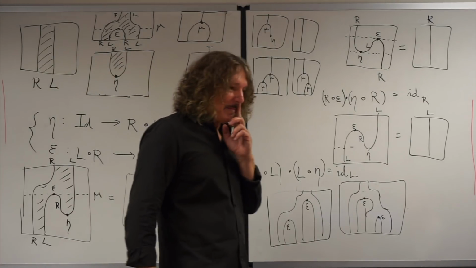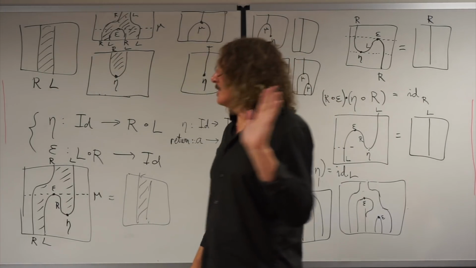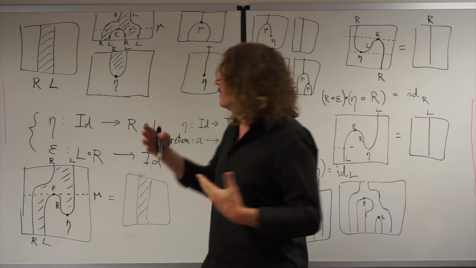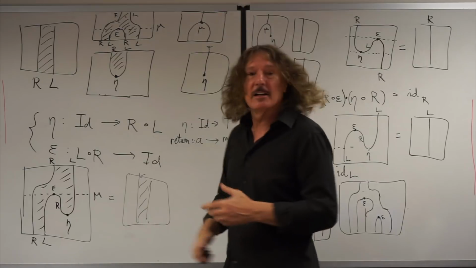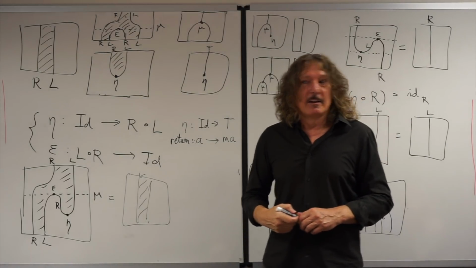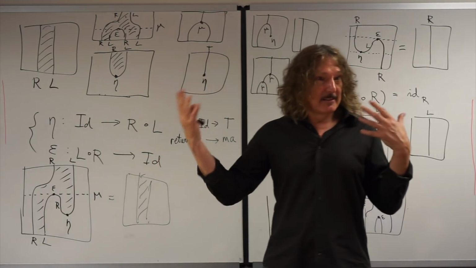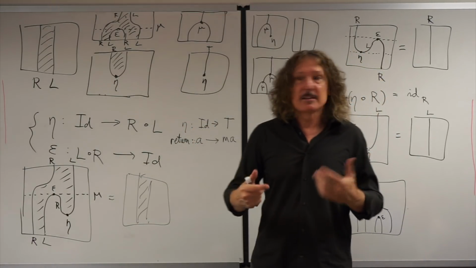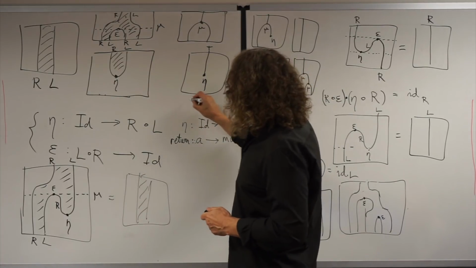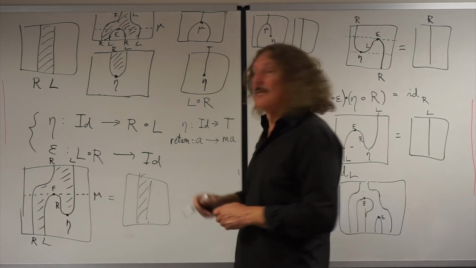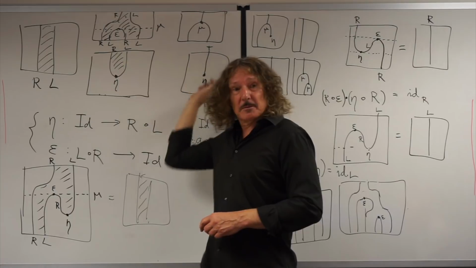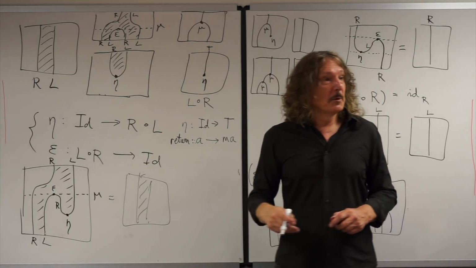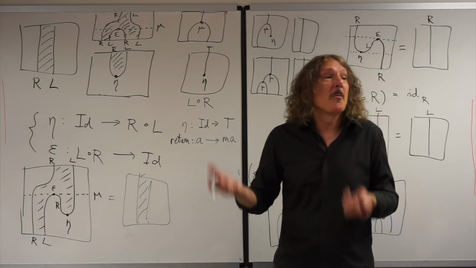Now, of course, there is this other combination. This is R after L. R after L is a monad. You can show, exactly like the reverse of this, or the dual of this, if you take L after R, L after R will go the other way, and it will generate a comonad.